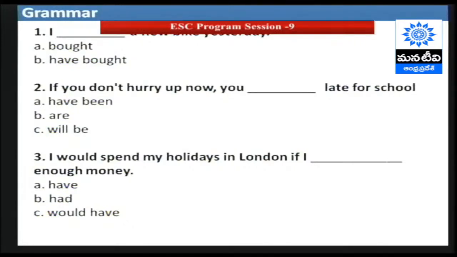I dash a new bike yesterday. Please make a note of this question. Think and tell me what is the correct answer. I bought a new bike yesterday. So the correct answer is A. Question number 2.